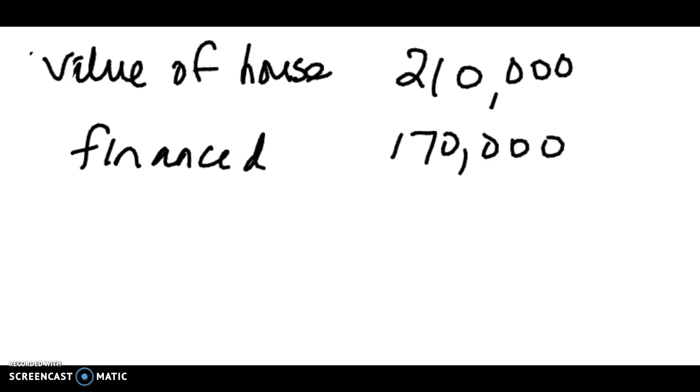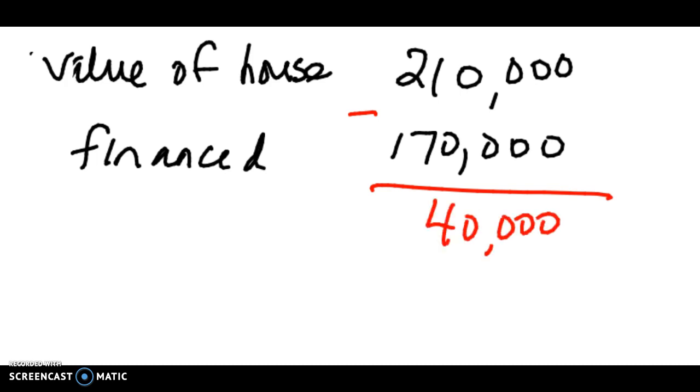This implies that they had to make a down payment. How much of a down payment did they make? Well, we would subtract these numbers. So $210,000 minus $170,000 is $40,000. So they paid $40,000 down.